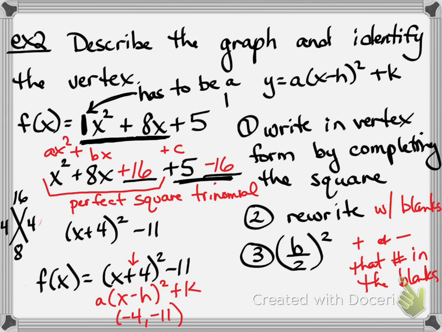This one is always the opposite of what it looks like, right? That's actually a left shift, and this is down 11. So that vertex switched from being at 0, 0, and it's shifted now to negative 4, negative 11. So the vertex moved. All right, that was probably a little confusing. Let's watch another one.